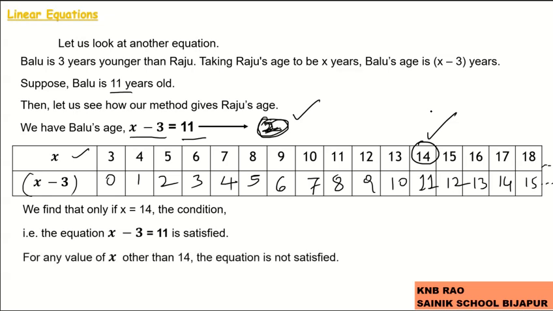For any value of x other than 14, the equation is not satisfied. Very important: for any other value, x minus 3 equal to 11 will not get satisfied. Therefore, Raju's age is 14 years.